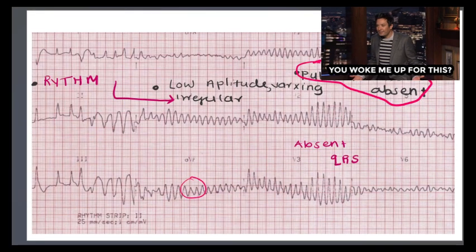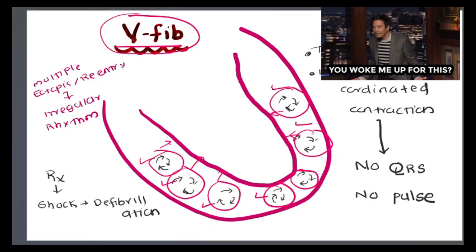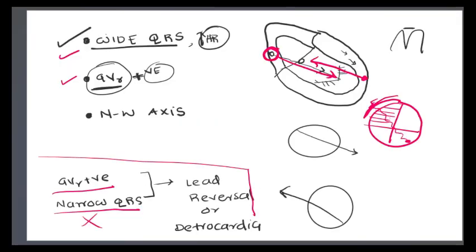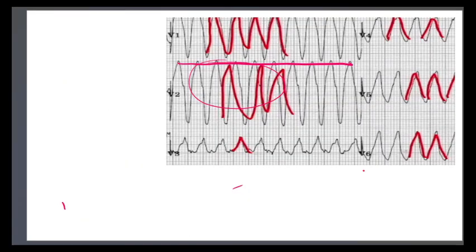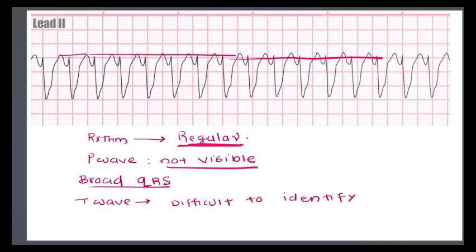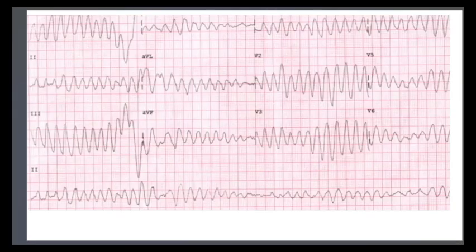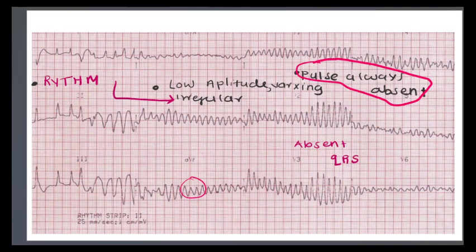Okay, so that's our discussion of ventricular fibrillation. This is how it appears, and we have discussed the images of monomorphic ventricular tachycardia, polymorphic ventricular tachycardia, and ventricular fibrillation.